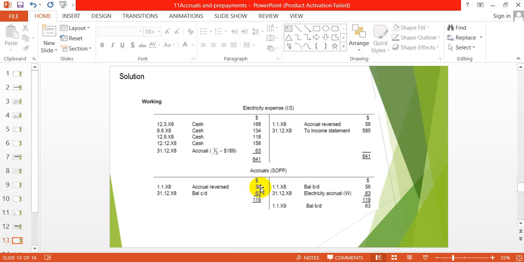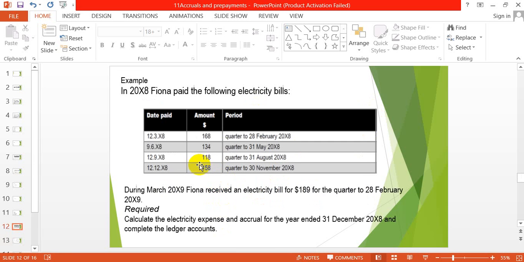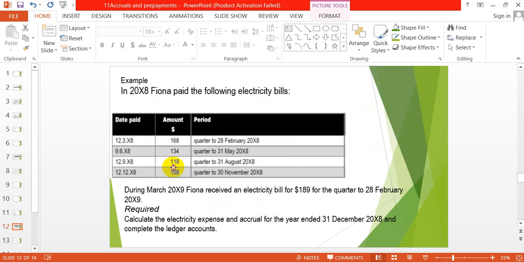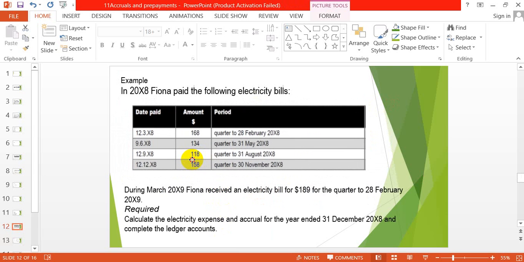So the accrual will be reversed by crediting the expense account and debiting the accruals account, and then we post now the cash paid in the year for all the quarters of the current year 20x8.